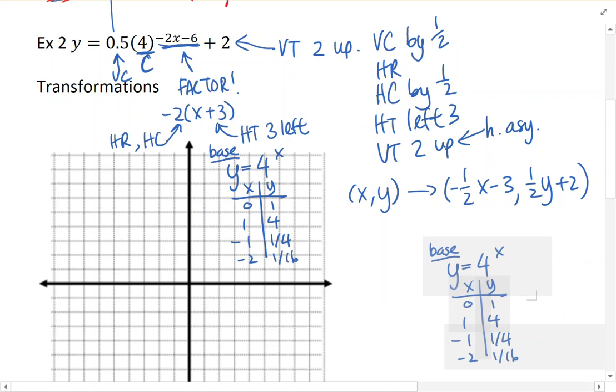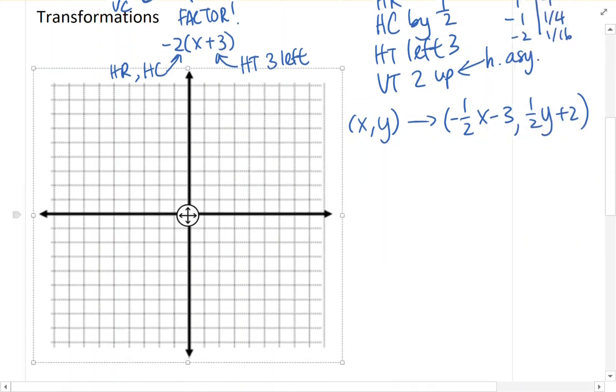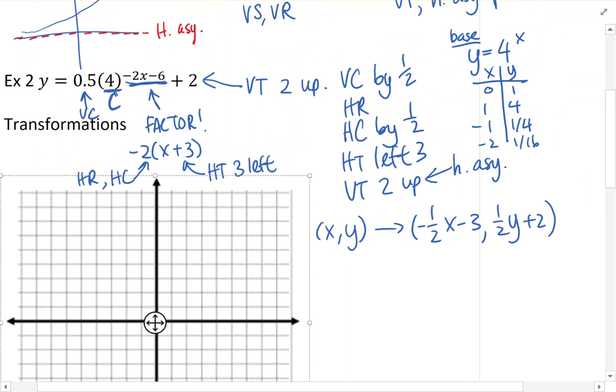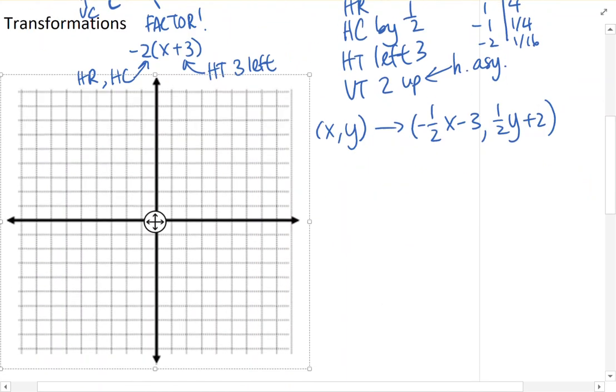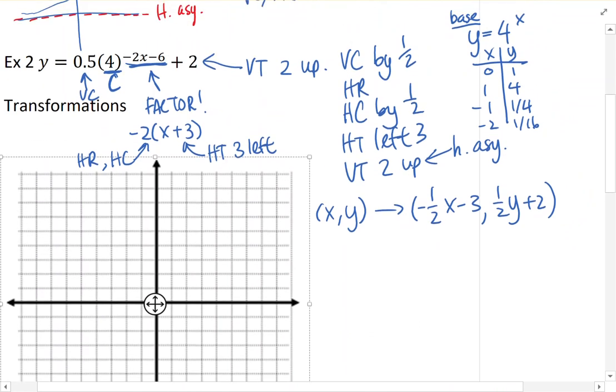Let's move this over here, because I'll need that space later. So that's our base. With those points, we can now deal with our mapping.